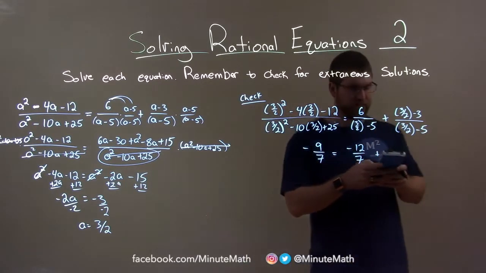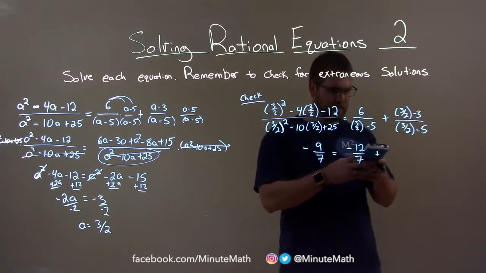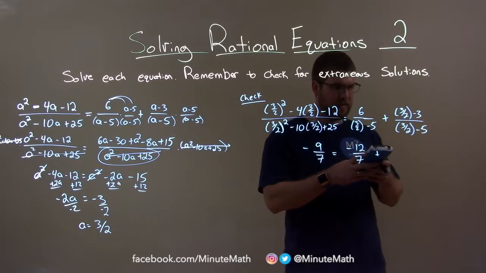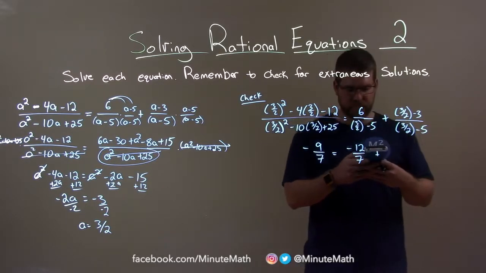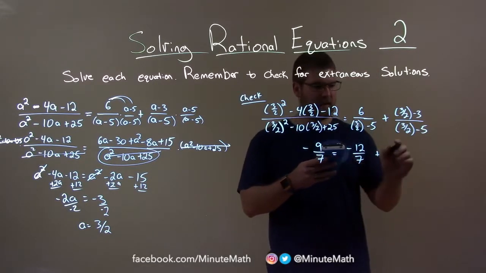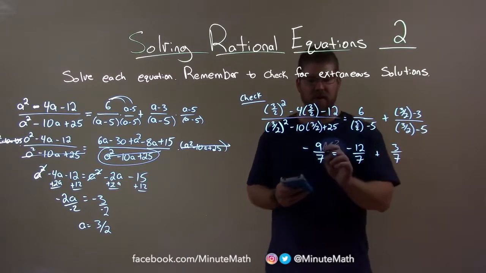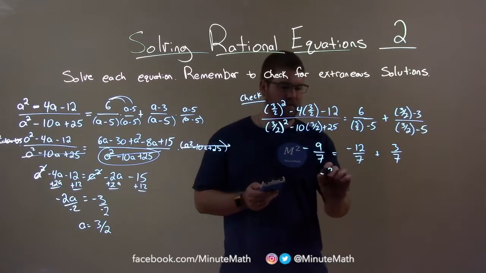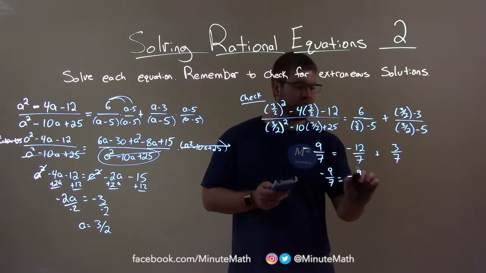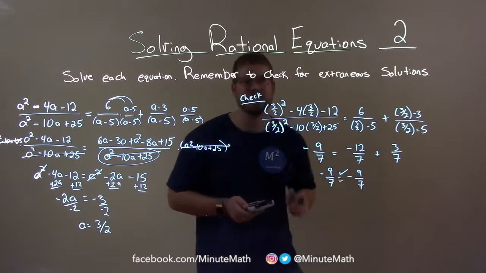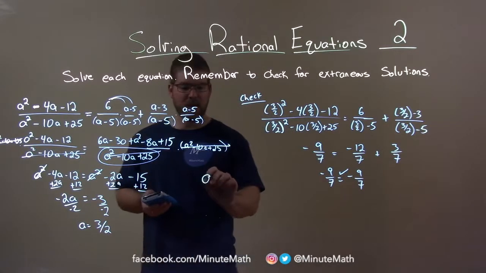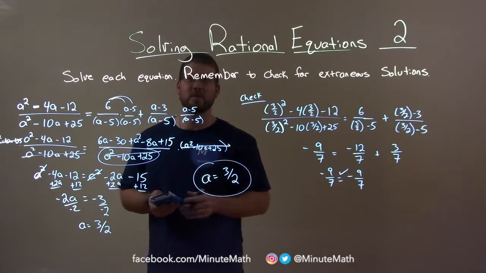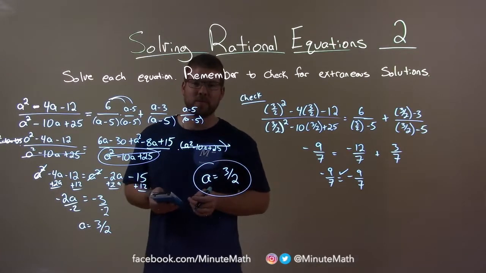This one here, 3/2 minus 3 divided by 3/2 minus 5, and that as a fraction is 3/7. Well, -12/7 plus 3/7 is -9/7. So the left and right hand side are equal, meaning that a equals a positive 3/2 is a real solution. And our final answer.